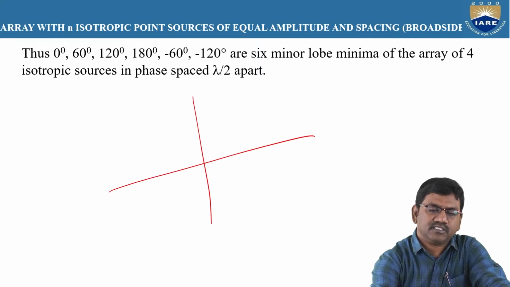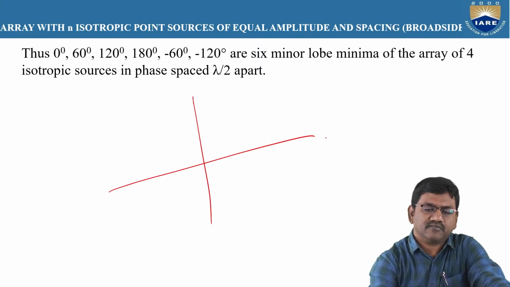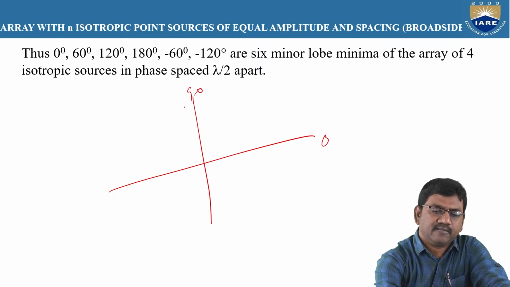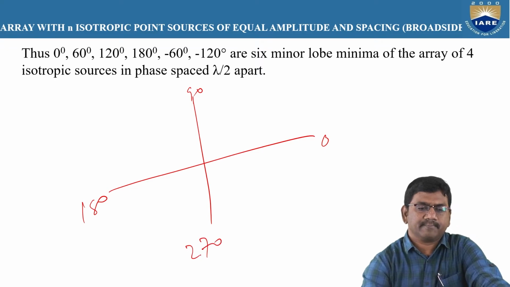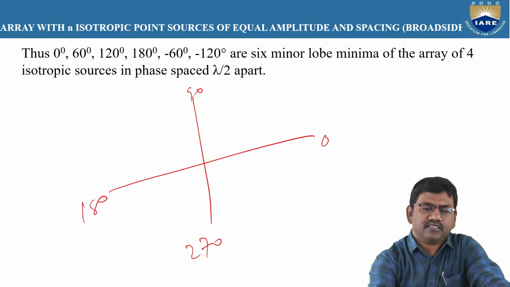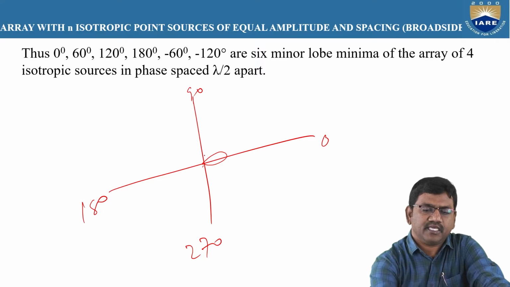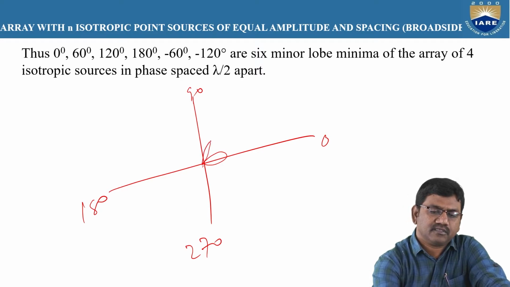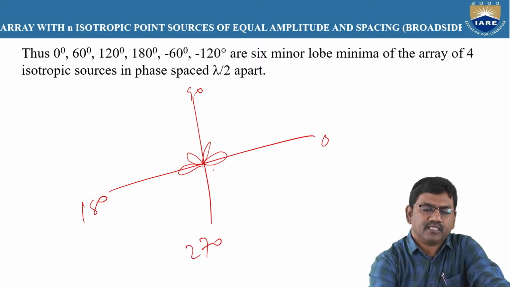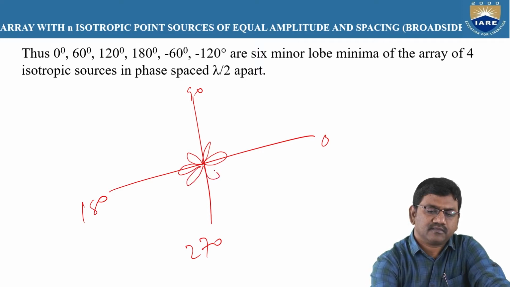the minor lobes. So these are known as minor lobes. So in the direction of 0, this is 90, this is 180, and this is 270. Right? So here this is the direction of 0, this is a minor lobe. In the direction of 60, in the direction of 120, in the direction of 180, you will get like this.